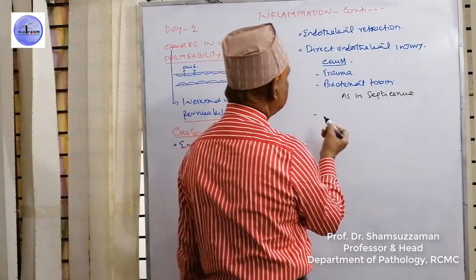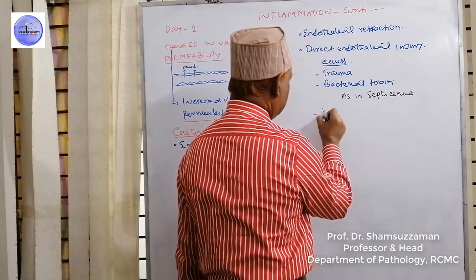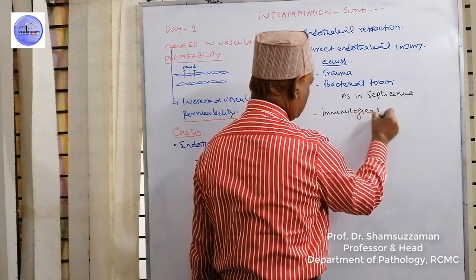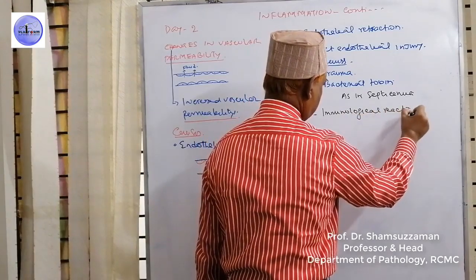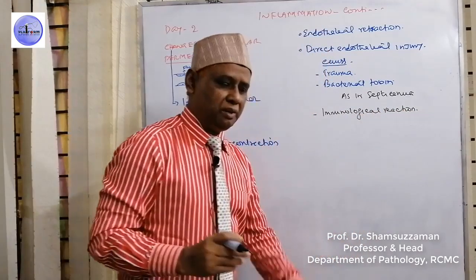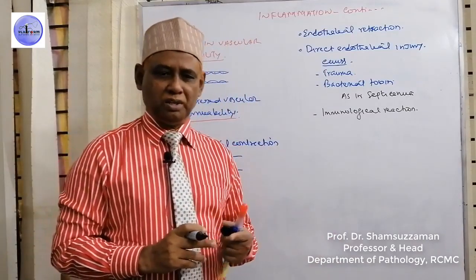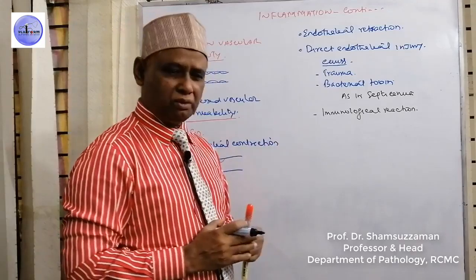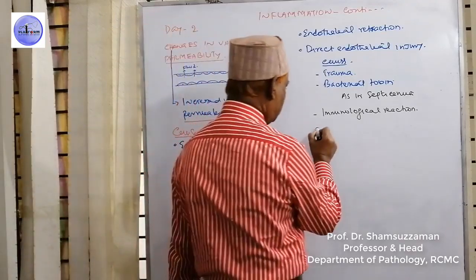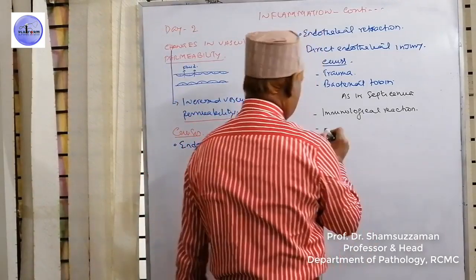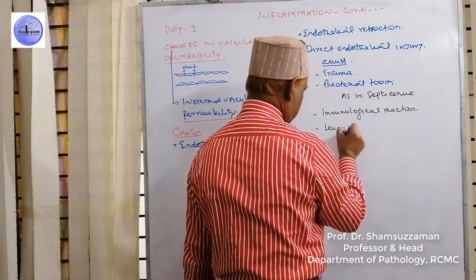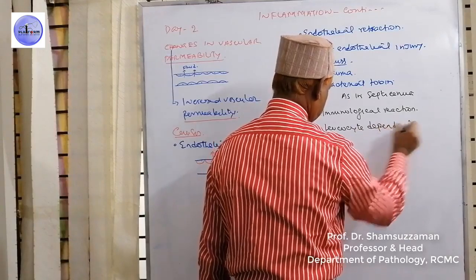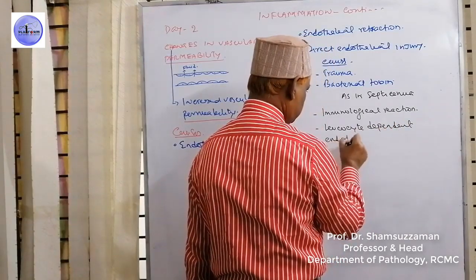Another cause, immunological reactions. Dear audience, the reaction between antigen and antibody is called an immunological reaction, and this reaction may lead to direct endothelial injury. Another cause, leukocyte dependent endothelial injury.